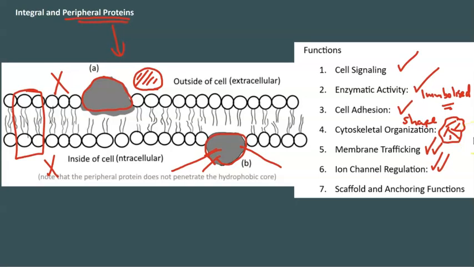And then I've just mentioned scaffolding and anchoring, which is another related feature to the skeletal cell organization, but also to anchoring molecules in close proximity to the cell membrane, both internally and externally.